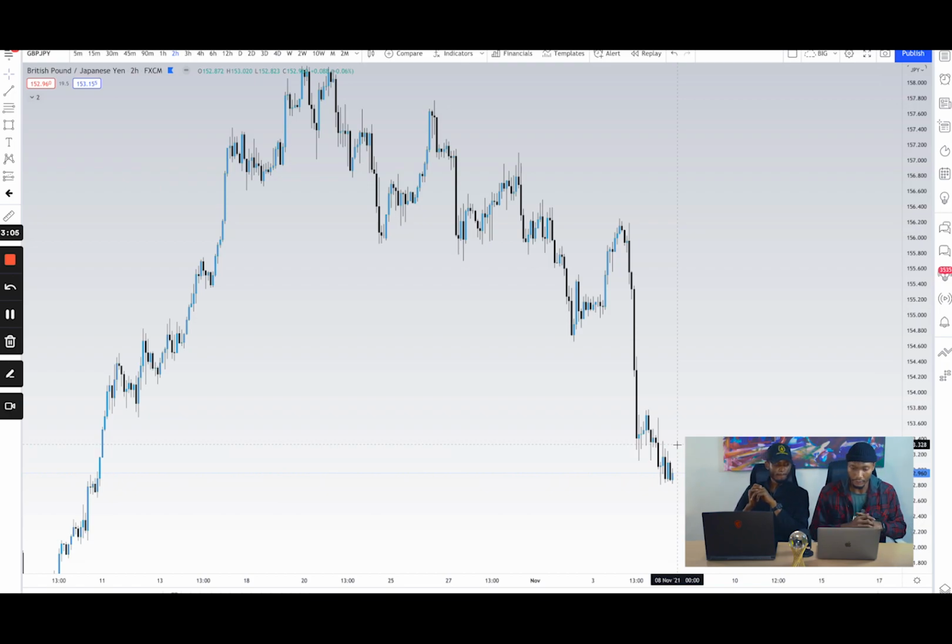So I feel this pound yen price may come back to this supply level, to pick some liquidity before going more to the downside. We'll see what happens. But I think some orders need to be filled, and I feel buy orders should be filled.